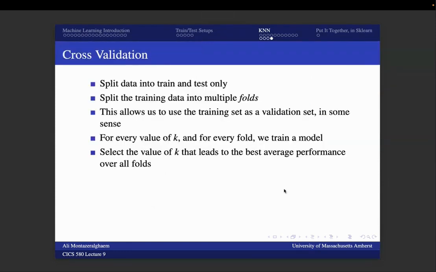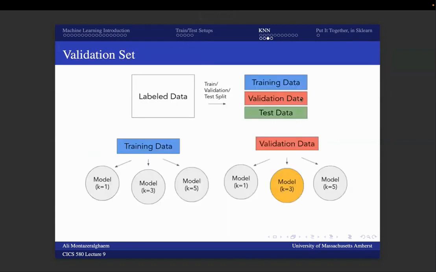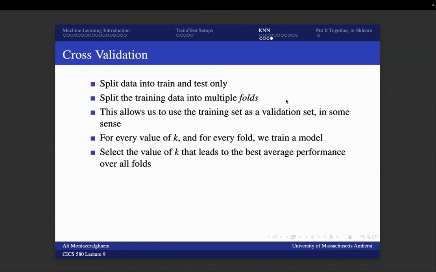And for the cross validation, actually cross validation is the same as the validation using validation data, but instead of just having one validation set, in the cross validation we have folds.